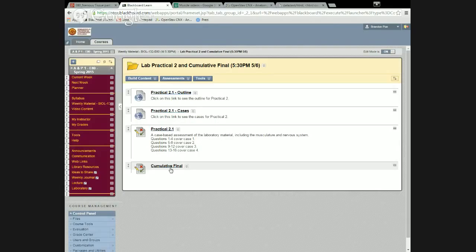What I used to do in the final exam period is I'd have people take both of these tests on paper in class. Okay, so like you will do, you're going to take the in-class portion of the practical, and then I'd have people take a paper version of the cumulative final.